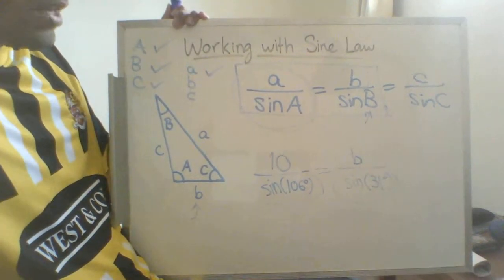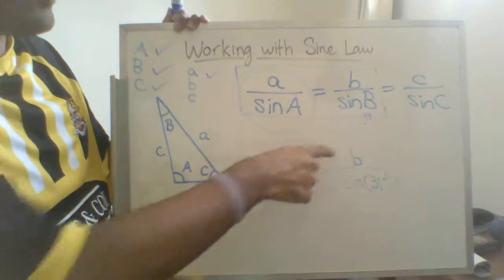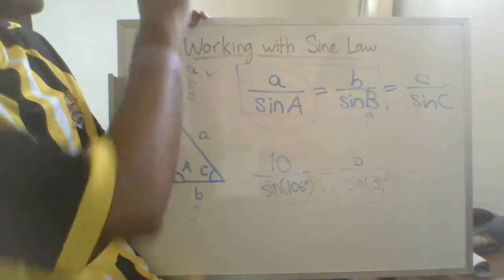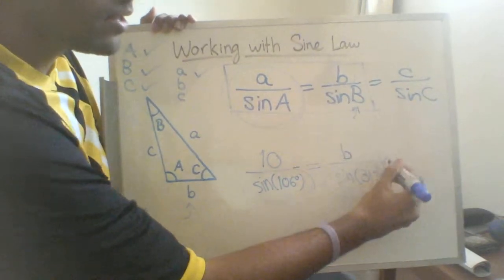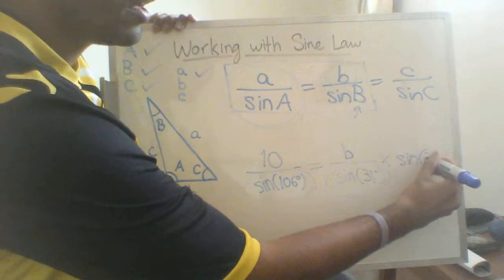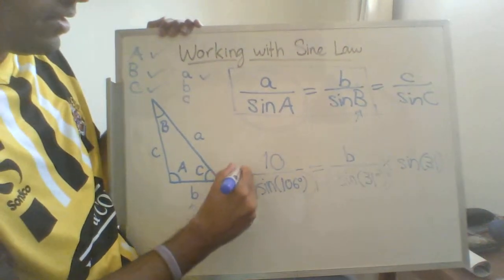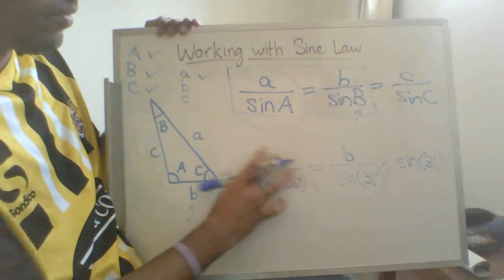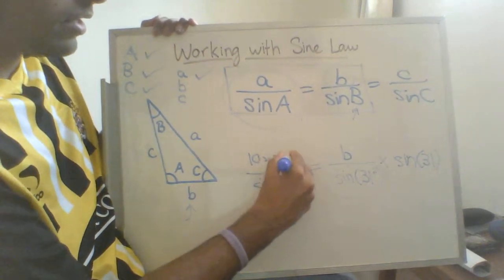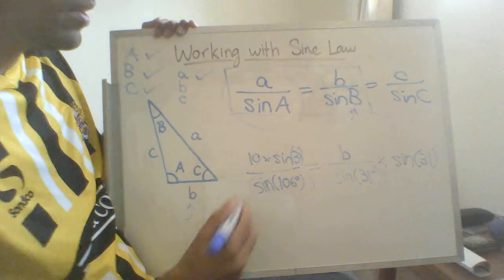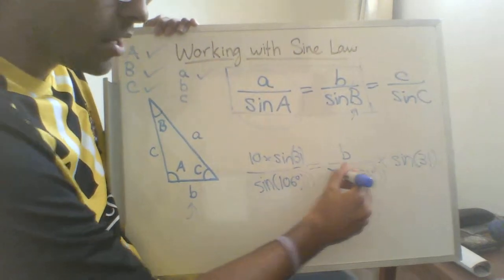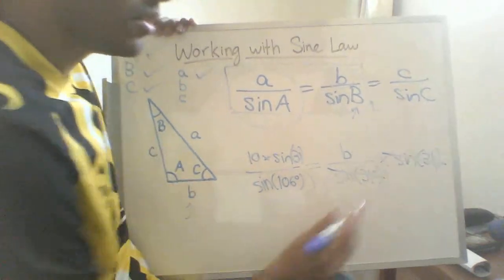Okay, now to simplify this, you don't want B divided by something, you want just B. So to get that answer, you multiply both sides by sine of 31. I'm going to have to write this up here, so it's going to be 10 times sine 31. And so what that lets you do is this sine 31 at the bottom cancels with that sine 31 over there.